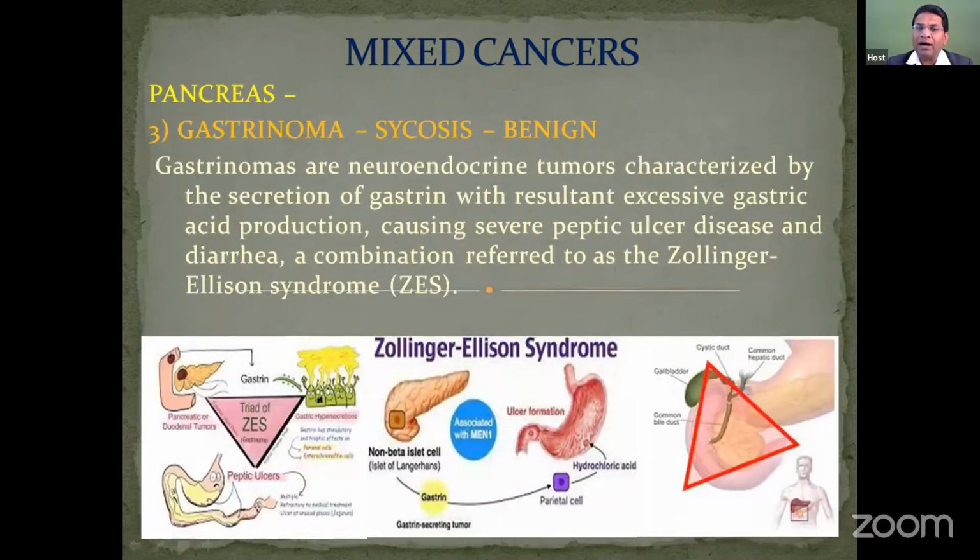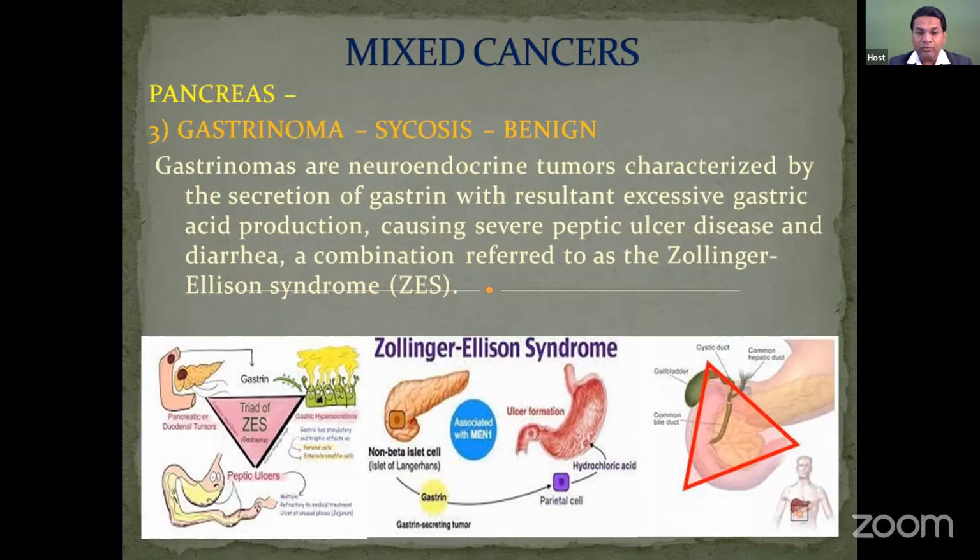Then gastrinoma, the third type of tumor, benign. Gastrinomas are neuroendocrine tumors characterized by the secretion of gastrin with resultant excessive gastric acid production, causing severe peptic ulcer disease and diarrhea. A combination referred to as the Zollinger-Ellison syndrome, ZES syndrome. Yes.